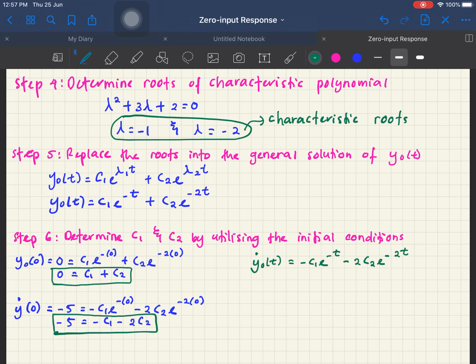If you solve equation number 1 and equation number 2, you will get at the end c1 equals minus c2, so c1 is minus 5 and c2 is 5.